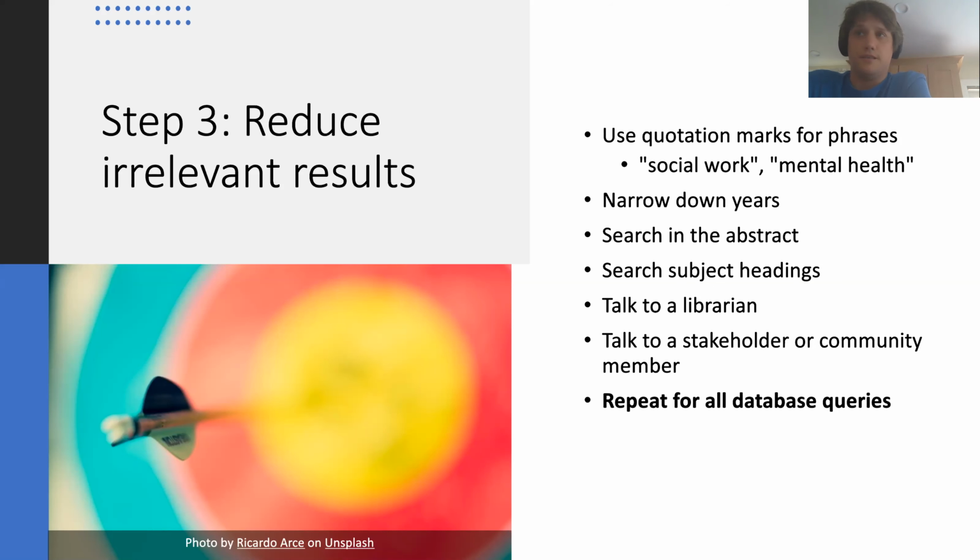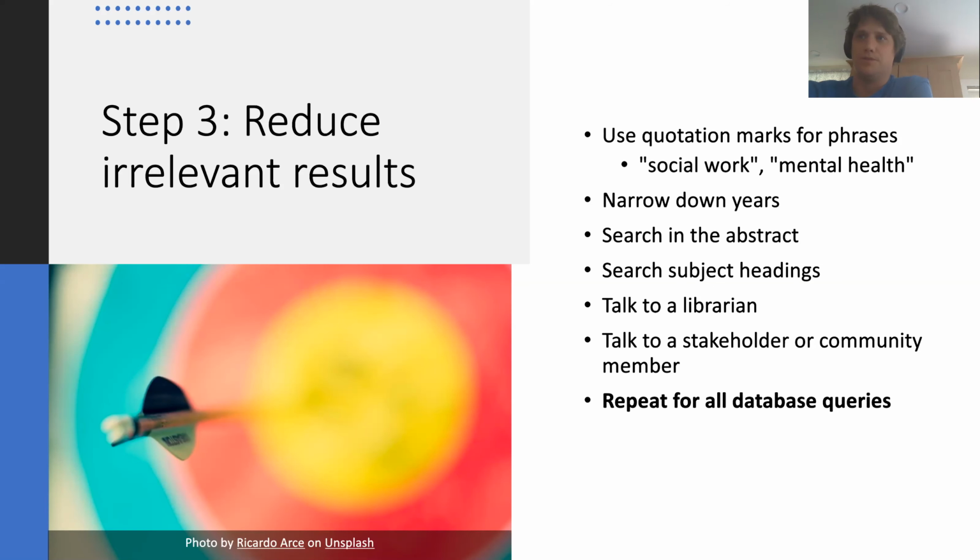So you also want to narrow down the years, which most people know to do. Definitely search in the abstract. So this is not possible on Google Scholar. You can search in the title on Google Scholar, which is more restrictive and may exclude a lot of relevant articles, but you can be pretty sure that if something is in the abstract, that is what the article is about. So rather than it appearing once on page 23, if it appears in the abstract, it is probably correct.